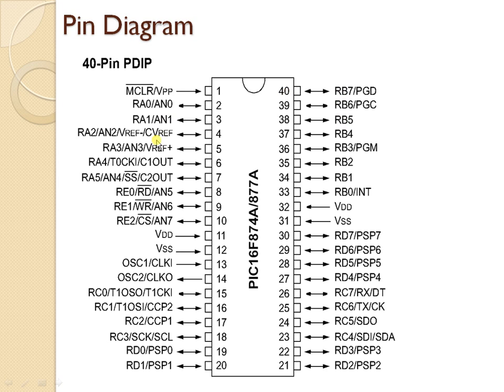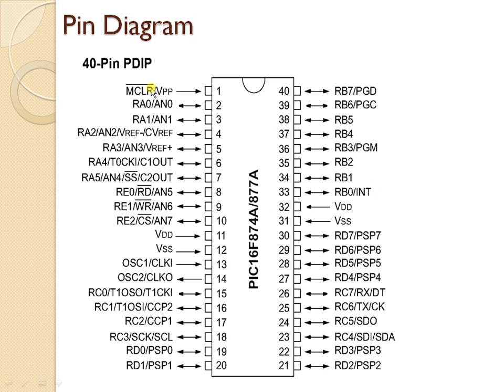Most of these pins provide multiple functions, so depending upon our requirement, we select one particular functionality of these pins. When programming this controller, we use 5 pins out of these 40: VPP, PGD, PGC, PGM, and ground.